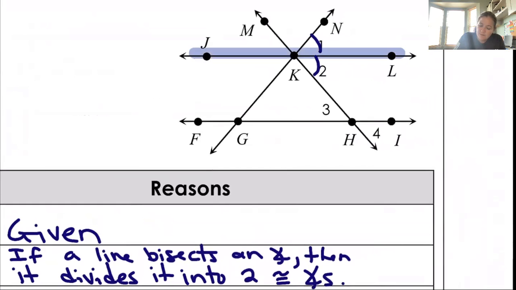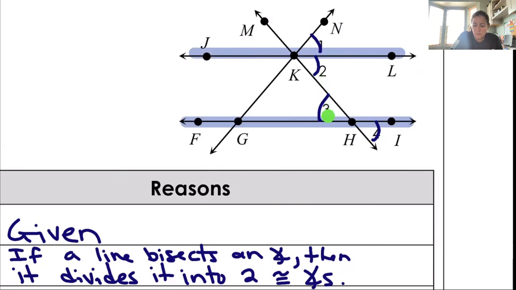So JL and FI are parallel. Okay, so with those being parallel, then I know 2 and 3 are congruent because 2 is alternate interior with 3. Then it looks like I'm going to have to use a transitive property here. So if I can say 2 is congruent to 3, oh, look, we also have 3 is congruent to 4.